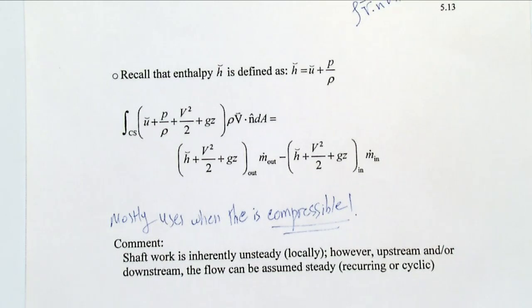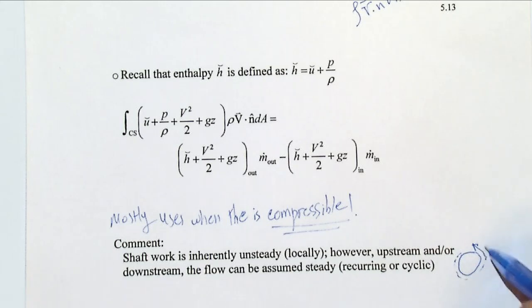Also, the comment mentioned that shaft work is inherently unsteady. Yes, sure, but it is unsteady because the velocity always changes with time or locally. You have the unsteadiness because of location. The velocity is not constant because angular velocity has direction, and at any time it is moving, right?